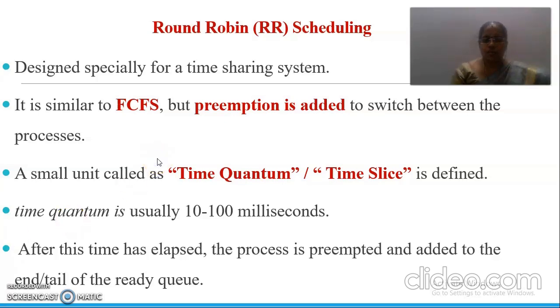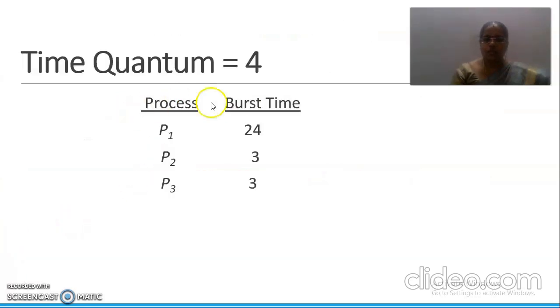Let's see an example. These are the processes P1, P2, P3, and their respective burst times 24, 3 and 3. The time quantum for this sample we have fixed as 4. It can be anything; we can fix any number. So as per the FCFS logic, the first process to run is P1.